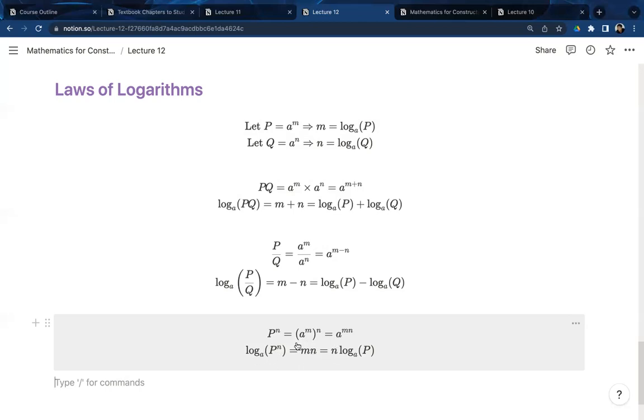And then mn is n times m, and remember, m is log a of p. So the logarithm of something raised to a power, we just put the power on the outside.